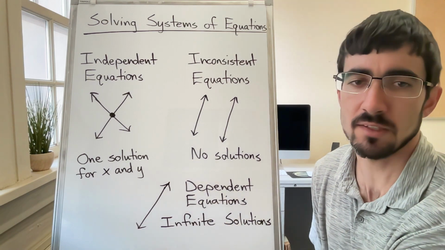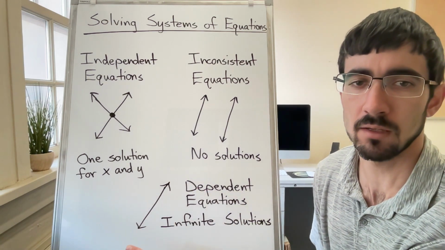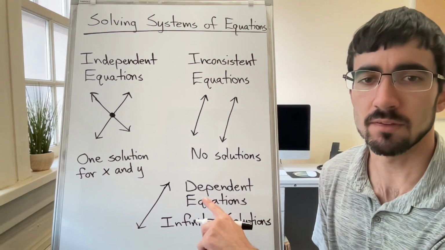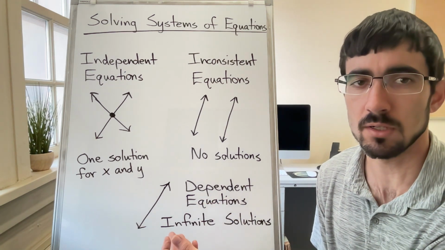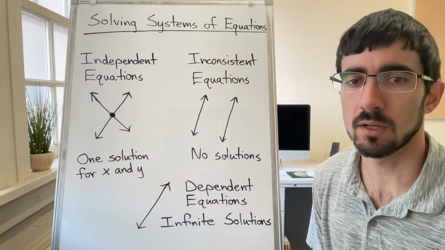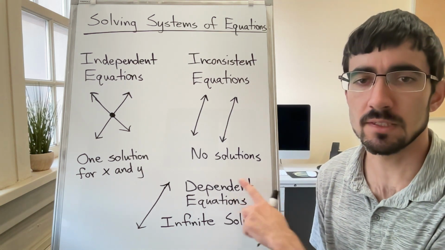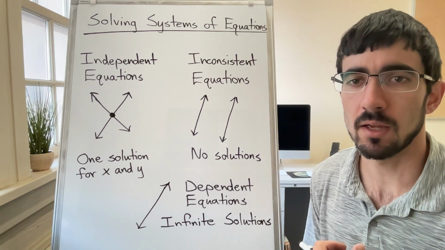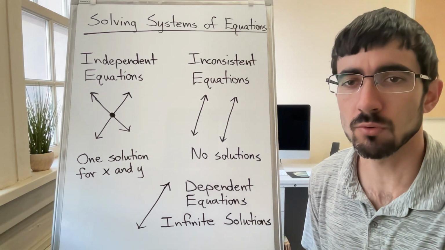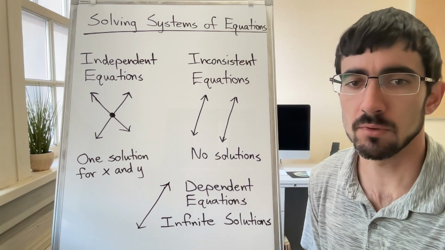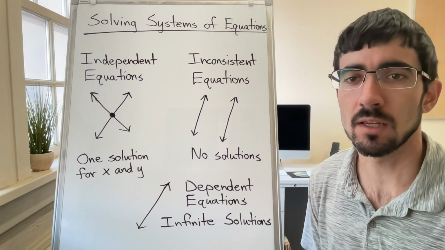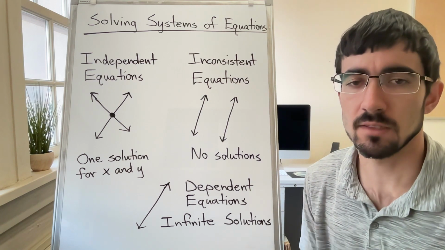So every x, y point on this line, of which there are infinitely many points, will solve the system of equations because the equations are just a copy of one another. You'll recognize this scenario as you solve algebraically when you arrive at equations that are always true, like 5 = 5 or 0 = 0. Then you can stop and say there are infinite solutions to that system of equations.